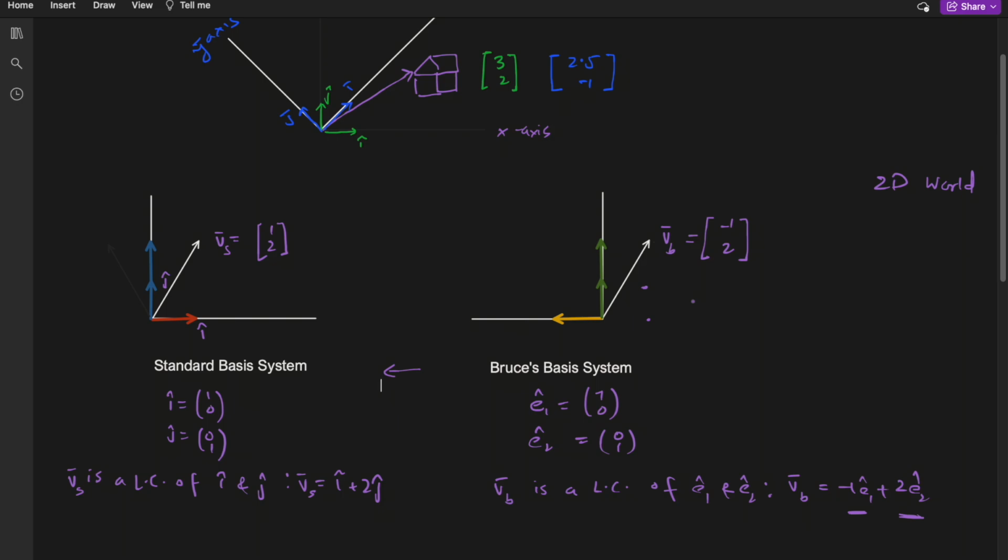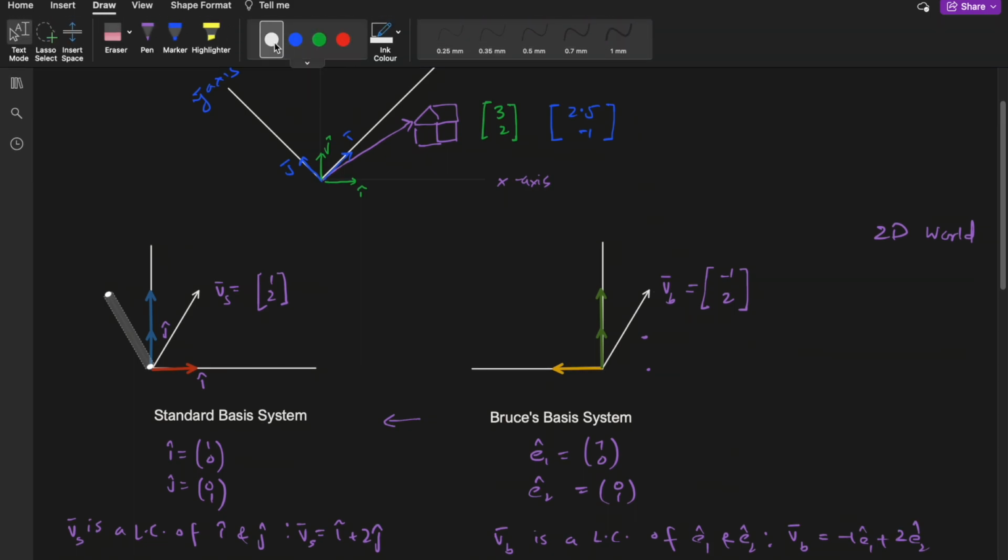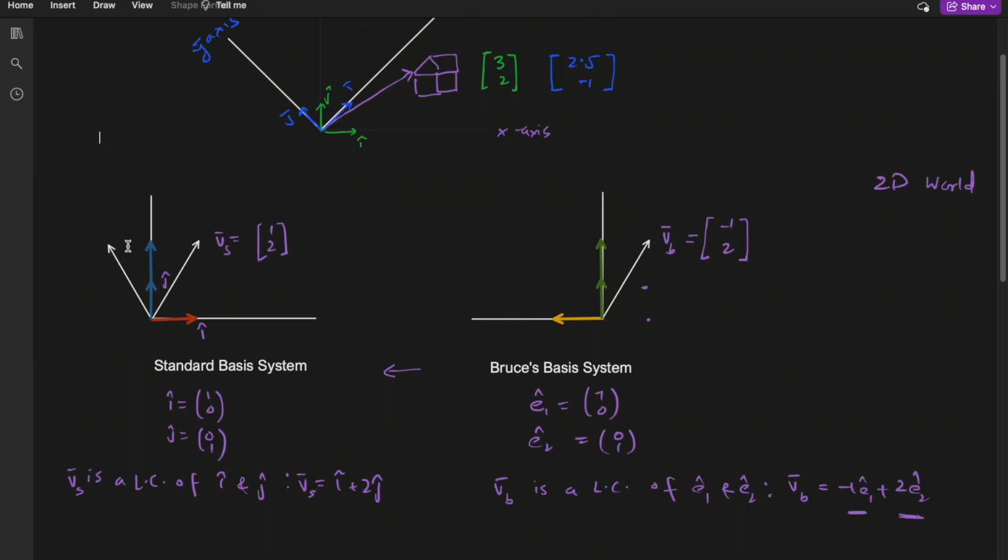So let us suppose another country's spy agent got this coordinate minus 1, 2. The first thing they may think is that this vector is nothing but this, right? Because in the standard basis system this is minus 1 comma 2. So they may think that the target location which Bruce is sending to me is sitting somewhere here, but no. Why?